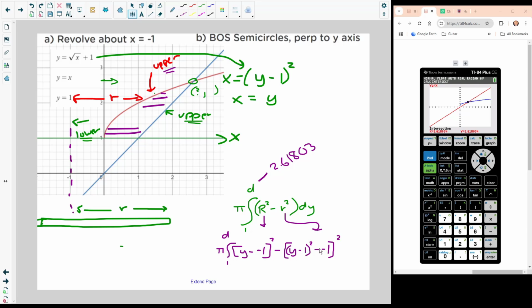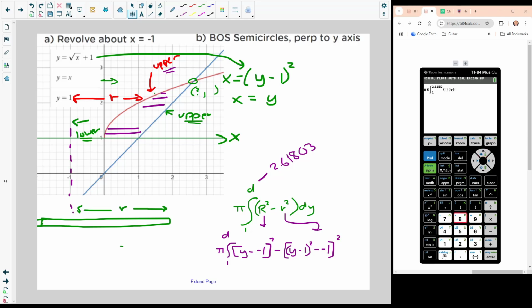I don't have these functions entered in terms of y, so it's going to be a little ugly, but we'll do it anyway. Might have been smart to do that. Okay, so I'm going to multiply by pi first, so pi times the integral from 1 to 2.618.